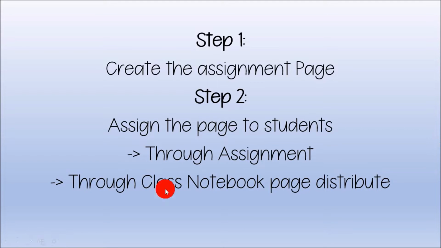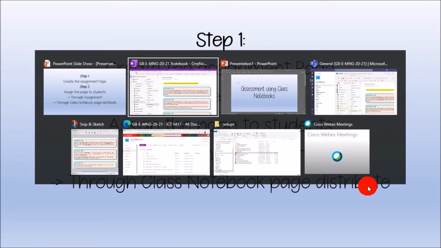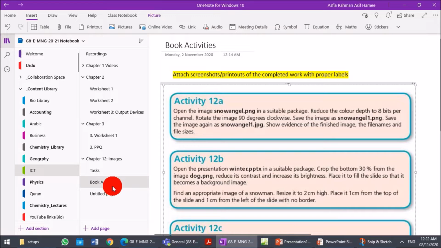So first I'm going to show the simple page distribution from your class notebook. You have to select the page, the one that you want to give to the students. Now again, please note that right now this page is only in the content library.